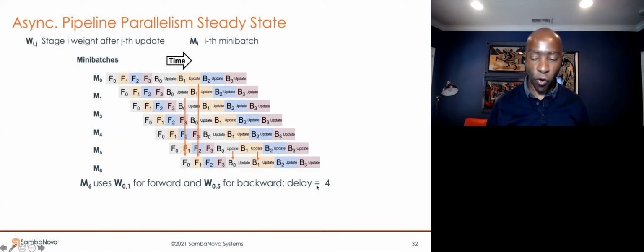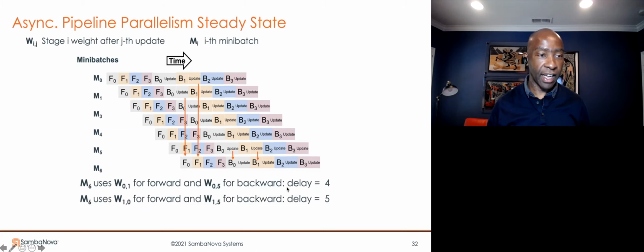So for a delay of 4. And then if we look at M6, stage F1, it gets its forward update from mini batch 1, and its backward update from mini batch 5. So anyway, you've got these different delays depending on the particular stage.